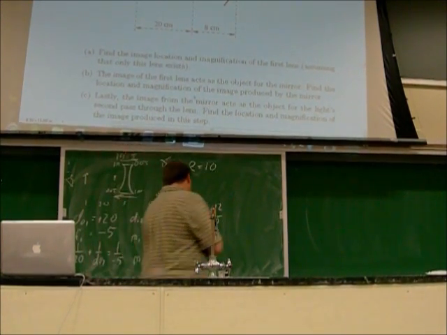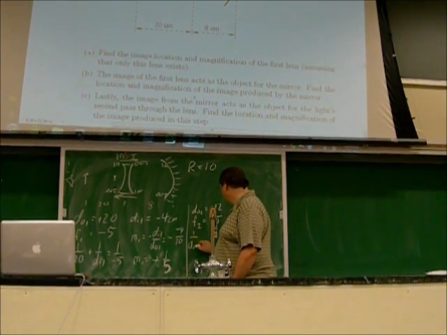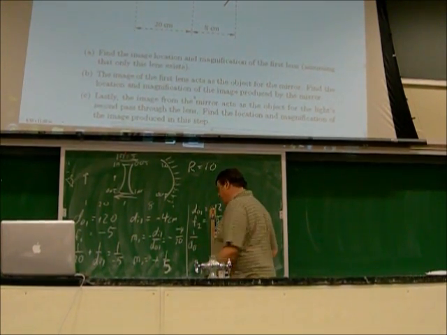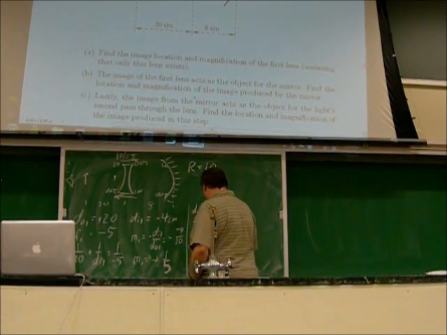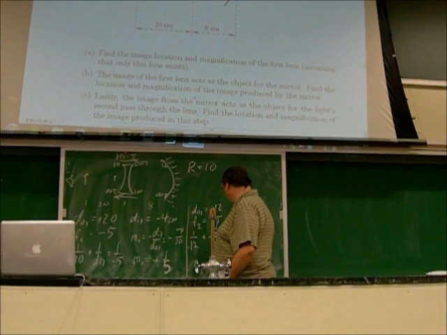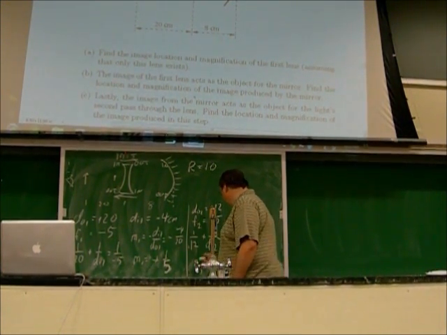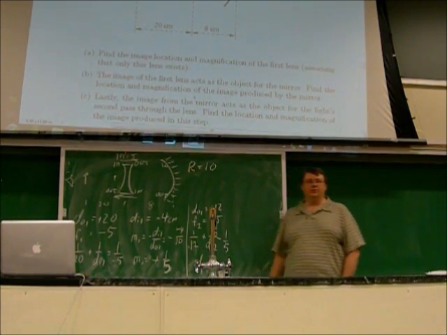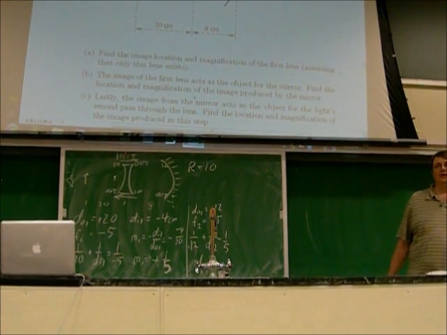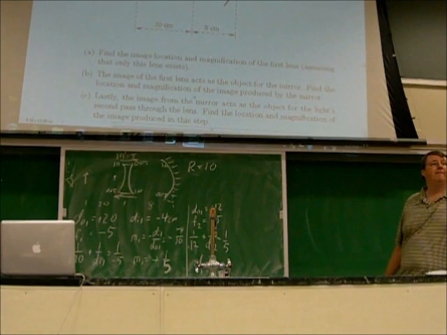So, here we go. 1 over 12 plus 1 over distance image 2 equals 1 over 5. So what is distance image 2? You're going to have to calculate it for me. 8.57.